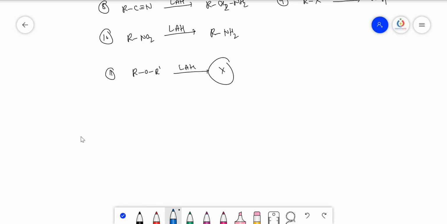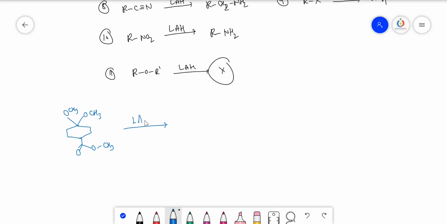Now I'll select some reactions. One reaction like this. Two ether groups are there, OCH3, and here COOCH3. And I want to reduce only this particular part. This is nothing but the ester part. These are the ethers.